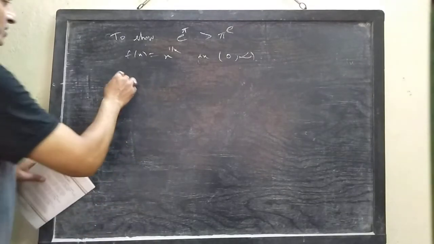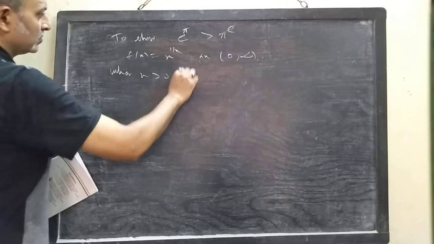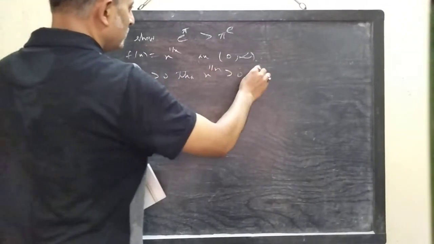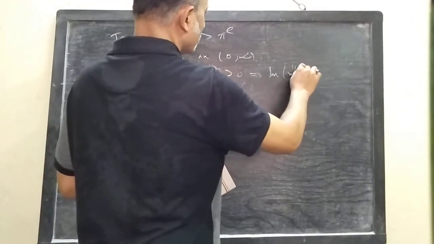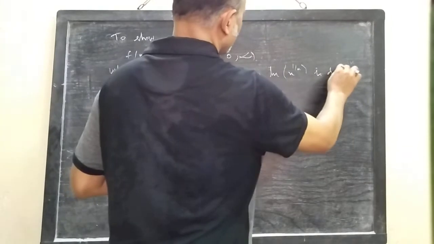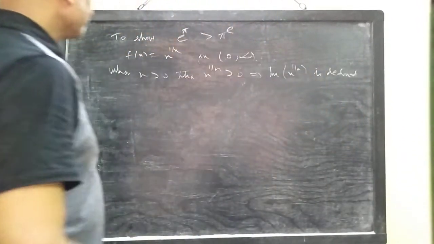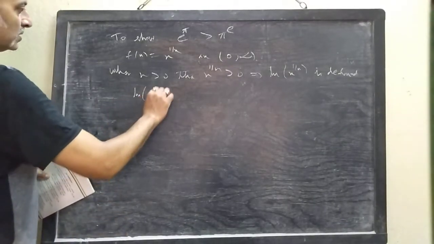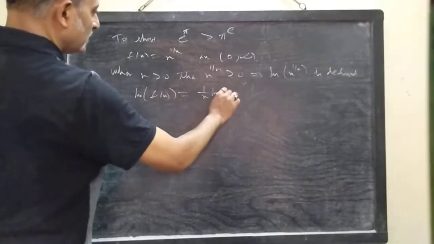Now, when x greater than 0, then x to the power 1 by x is greater than 0. That implies ln of x to the power 1 by x is defined. So we have ln of f(x) equals 1 by x ln x.